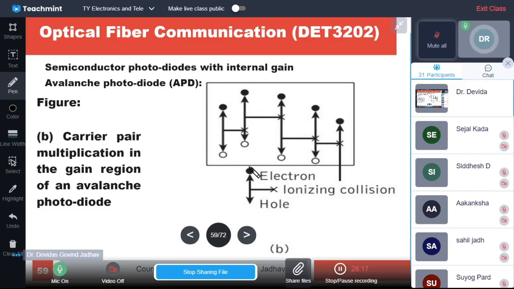This collision detaches the electron and creates a hole. That is why this atomic structure becomes an ion. So this is ionization, and that is why it is called impact ionization.